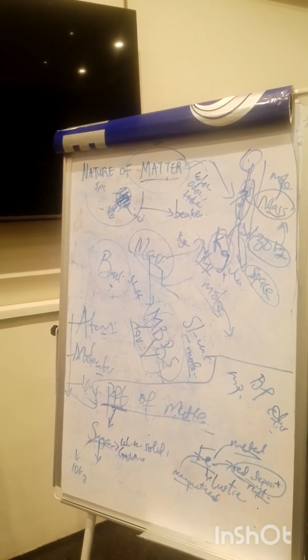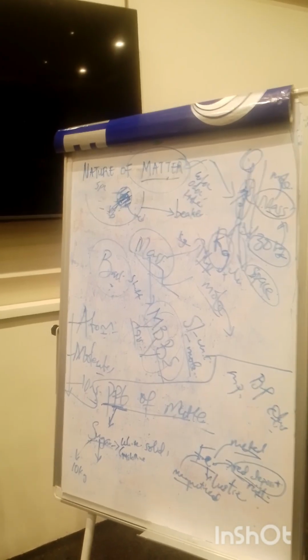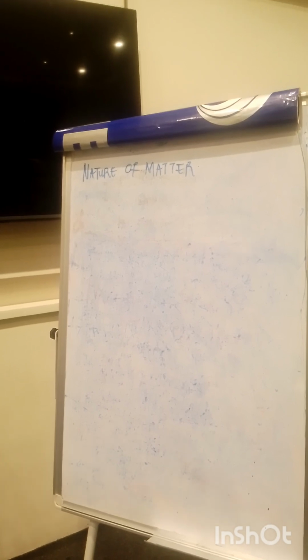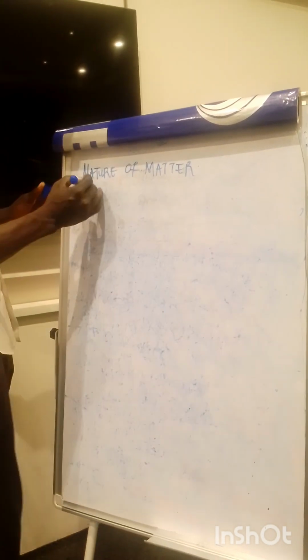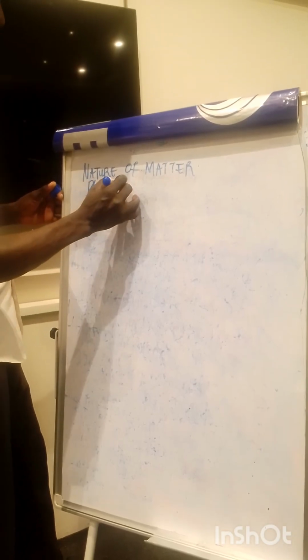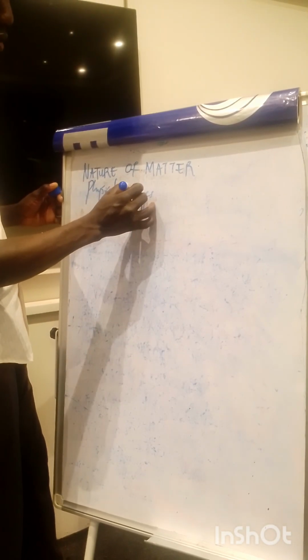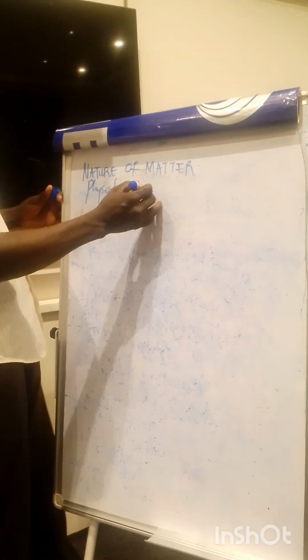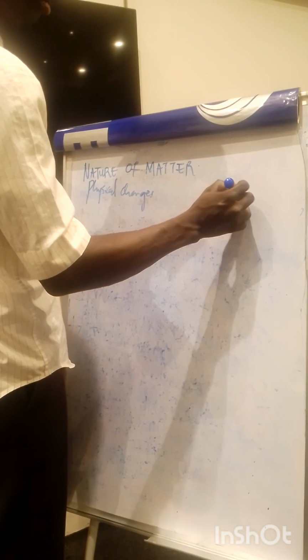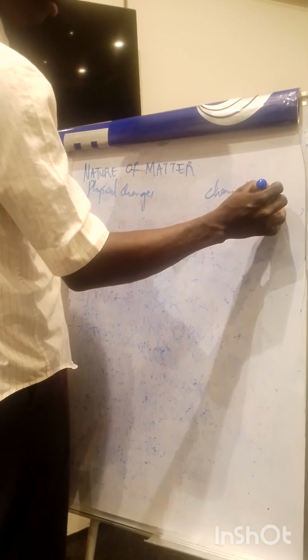Are you with me? So I think now we should move to physical and chemical change. Matter undergoes changes, and these changes might be easily reversible or not. We have physical changes and we have chemical changes.